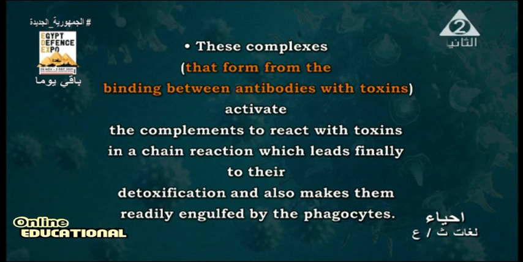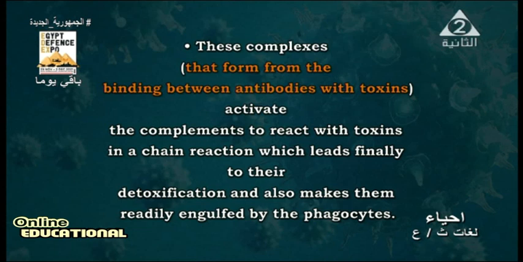They activate the complement, the substance found in the blood, to react with the toxins in a chain reaction, which leads finally to their detoxification. This means preventing the toxic substance of the viruses produced inside the blood from being harmful, and it is engulfed by the phagocyte.